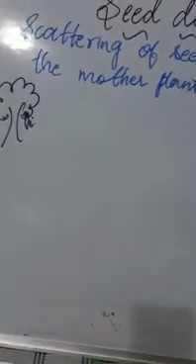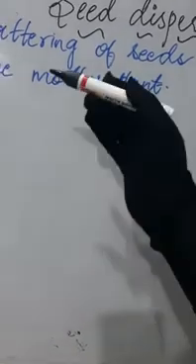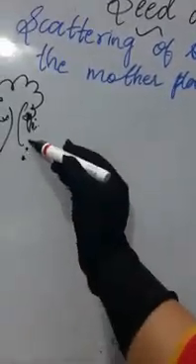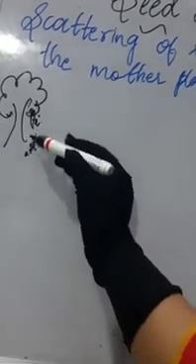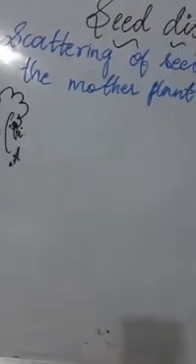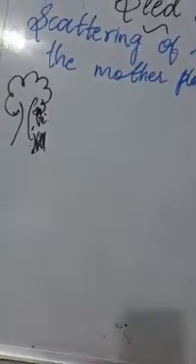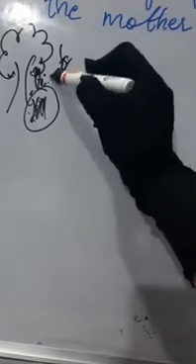So if the seeds fall and grow right beneath, under the parent plant, there will be total overcrowding. They won't get proper sunlight, nutrients, or space. No plant will get all these things.